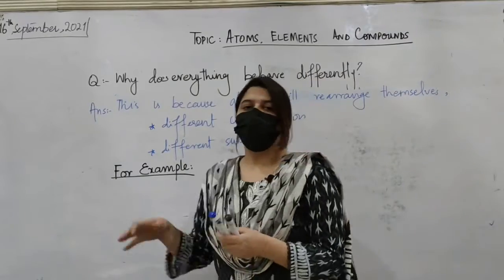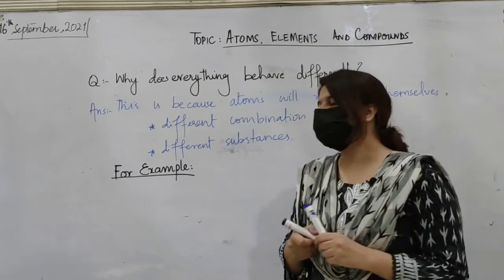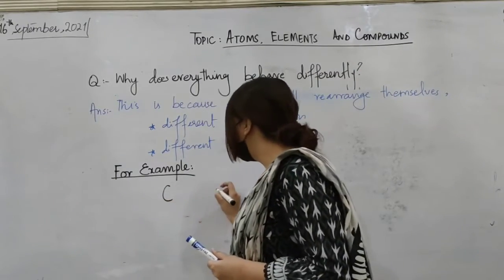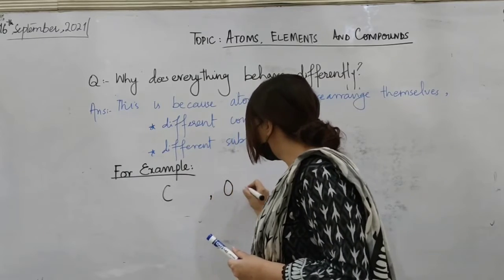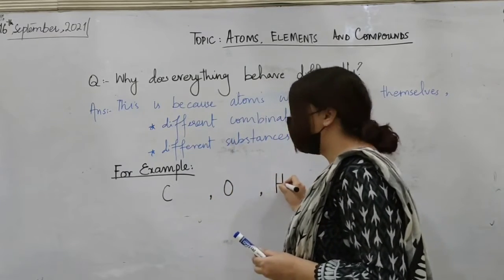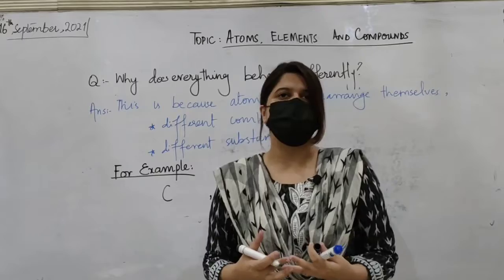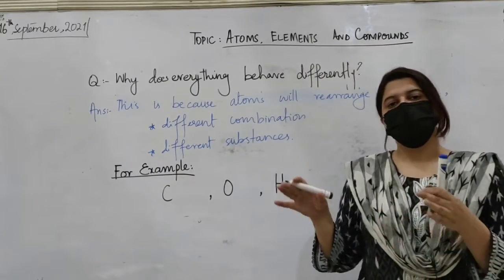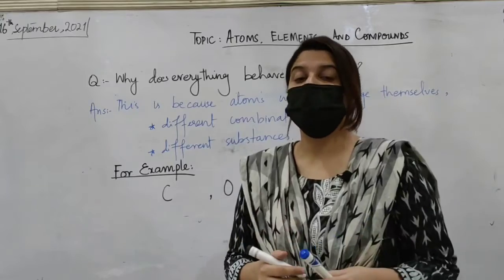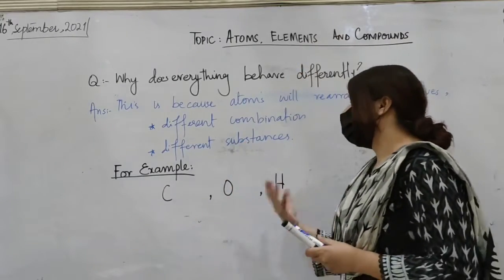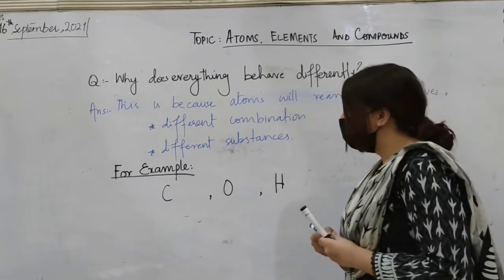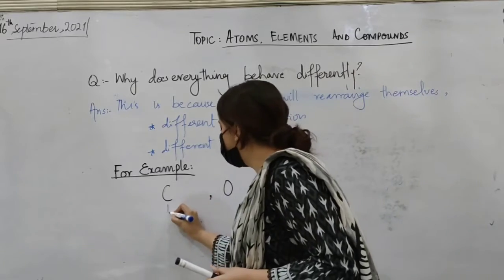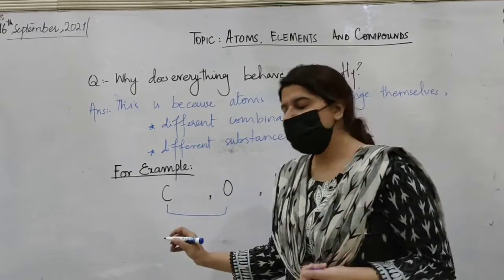Now here comes an example. We have 3 different atoms, namely carbon, oxygen and hydrogen. You are very familiar, they are the basic elements of our earth. If we combine carbon with oxygen, what will we have?